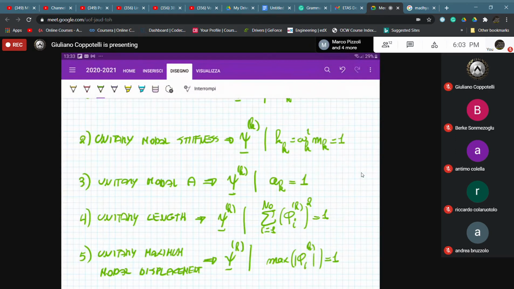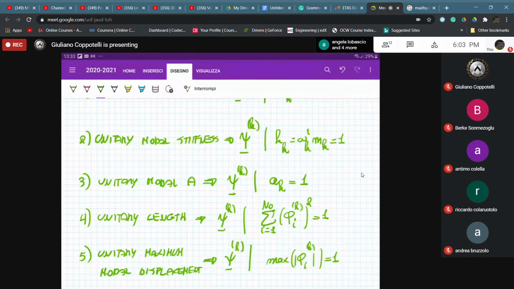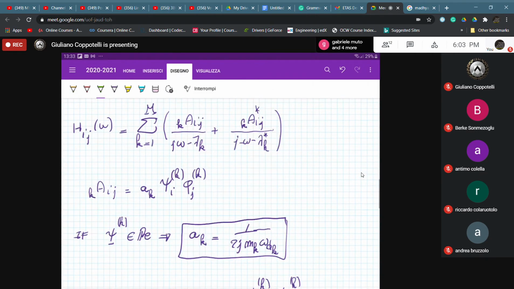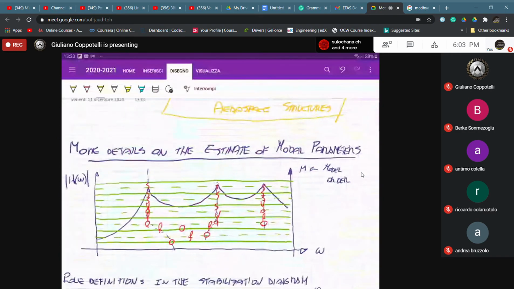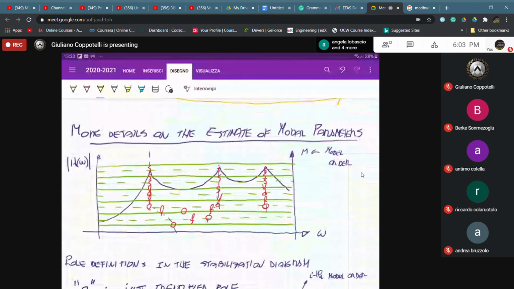Please know that there are other approaches available in literature, but the basic ones are those that we covered together. Most of the times, when referring to these multi-degree of freedom system methods, we are referring to the stabilization diagram that helps you in estimating your poles. We already discussed that.